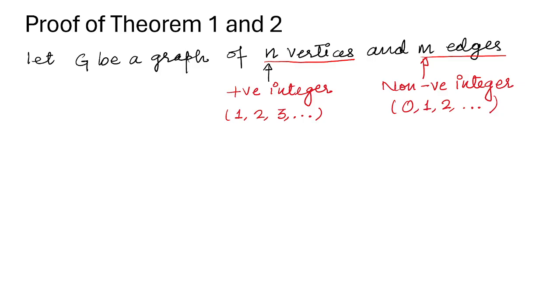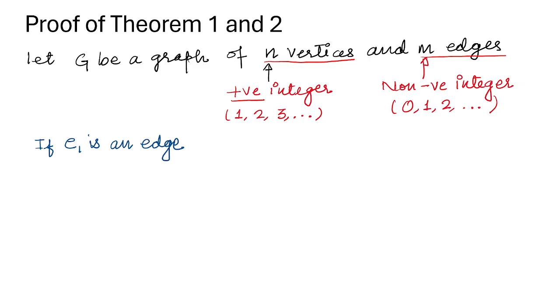Because in the previous lectures I discussed that whenever we have a graph, the vertex set can't be empty, whereas the edge set can be empty. By saying that the vertex set can't be empty, we mean we must have at least one vertex in that set. Therefore it is a positive integer starting from 1, 2, 3, 4 and so on.